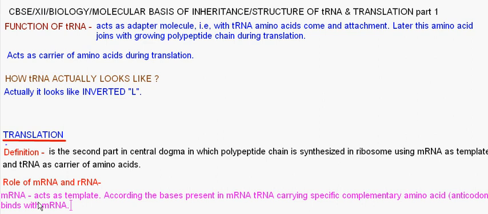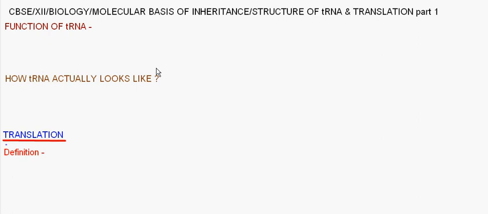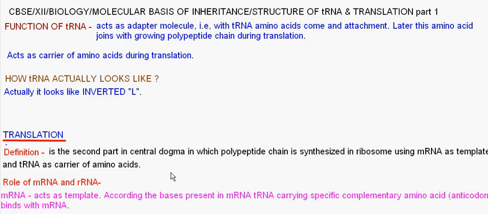Now, role of rRNA. Steps will be discussed in the next discussion. So what is the role of rRNA or ribosomal RNA or ribosome? The ribosome, specifically the small subunit, acts as the site for translation.